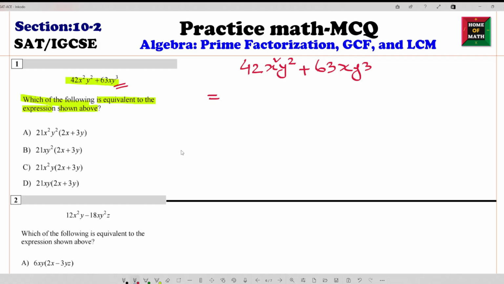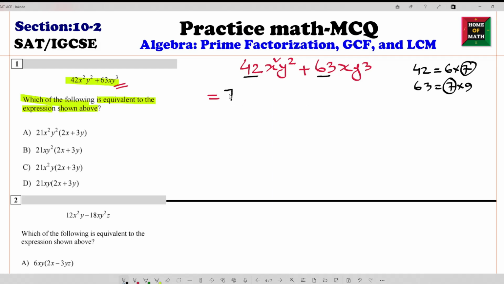Look, here is 42 and 63. Which one is common? Common is 7, because 42 is 6 times 7 and 63 is 7 times 9. So 7 is our common thing, so the greatest common factor is 7.